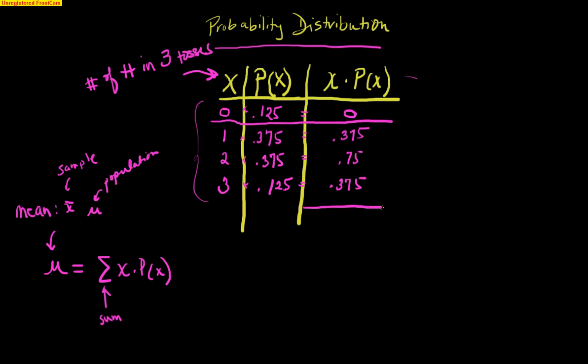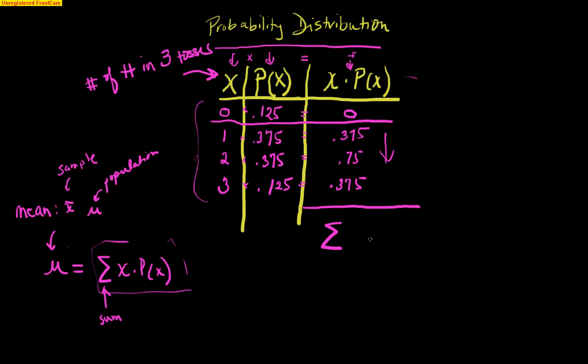And then what we want to do is sum up this column right here. So just do that on your calculator. That's all this fancy formula over here means, that you multiply this column times this column and get this column over here and then sum up this column. That's it. That's how you find the mean.